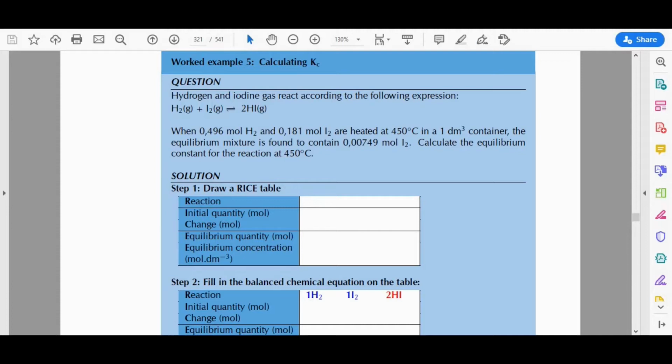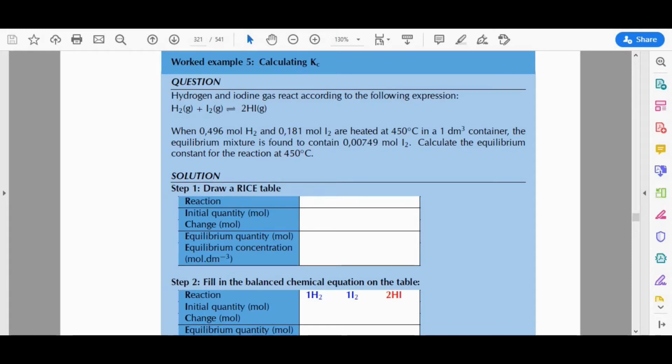The question posed to us is that hydrogen and iodine gas react in the following equation: H2 gas plus I2 gas, reversible reaction, goes to 2HI gas. That means it is a reversible reaction, one of the reactions we have dealt with as well.